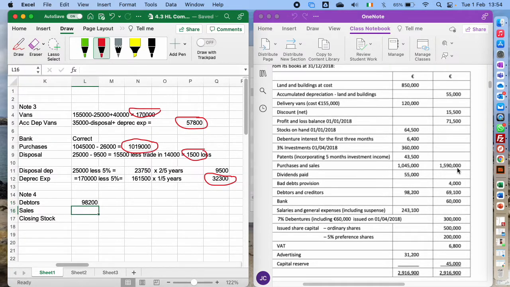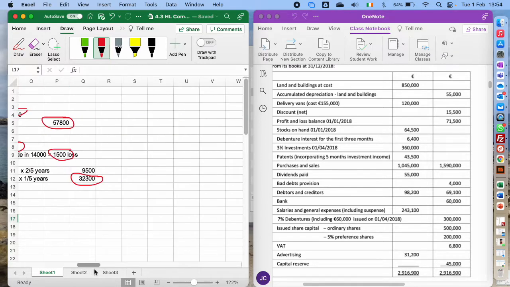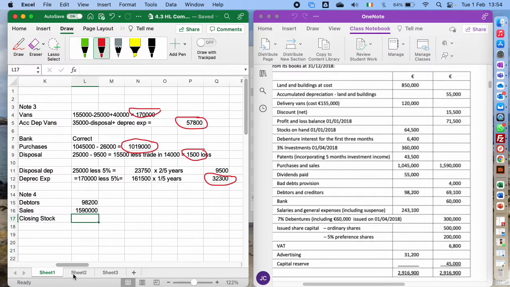My sales figure, which I haven't told you before, is 159,0X0. Okay. And my closing stock figure. I've already been messing with my closing stock, so I'm going to take the latest version of the closing stock, which is 73.9. So I'm going to use that. 73,900.